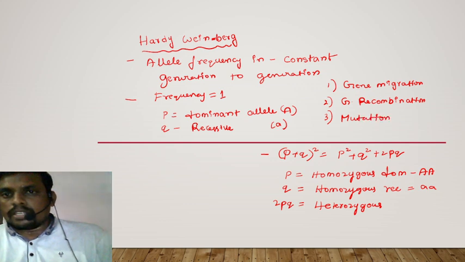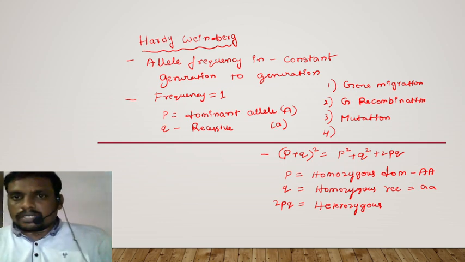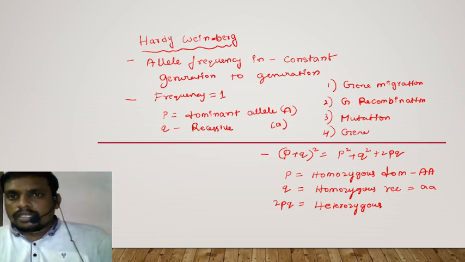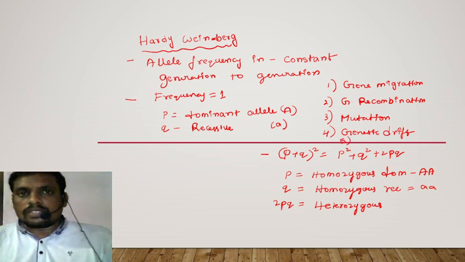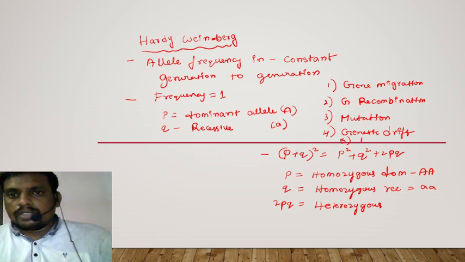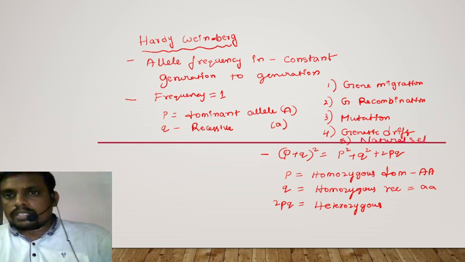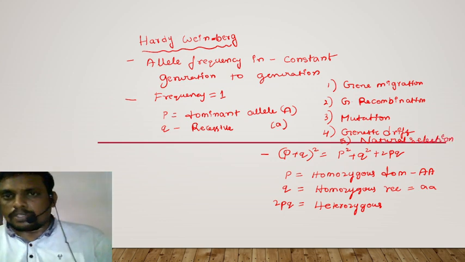Factor number 4, genetic drift. And the 5th one is natural selection. These are the 5 major factors that affect the Hardy-Weinberg principle.